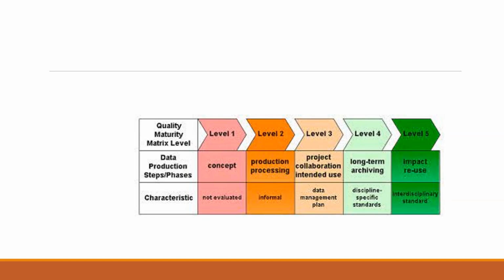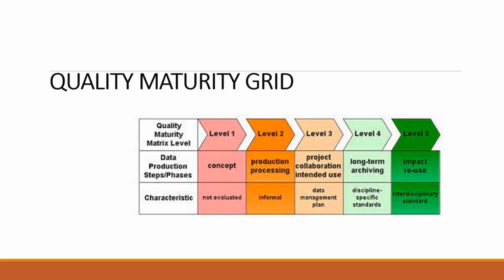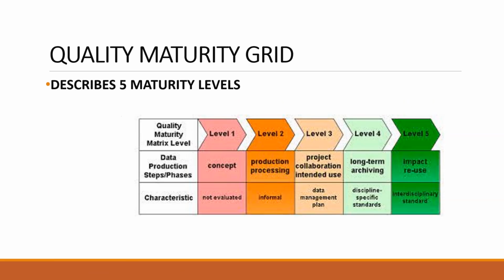That is the quality maturity level or quality maturity grid. Basically we talk about the maturity of a company, how mature the company is and at which level that company actually is.